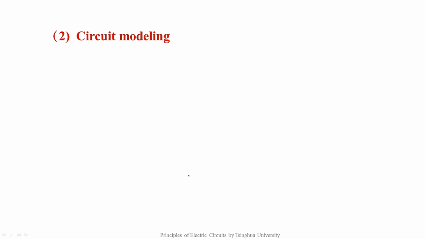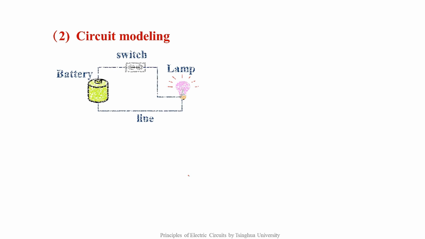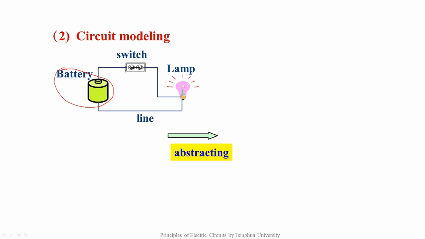In the second aspect of the question, let's discuss how to establish a model. In other words, how to model the ideal electric circuit elements from the real ones. For the lighting circuit of an electric torch you've just seen, using abstraction, we can get the models of battery, switch, bulb, and transmission line.